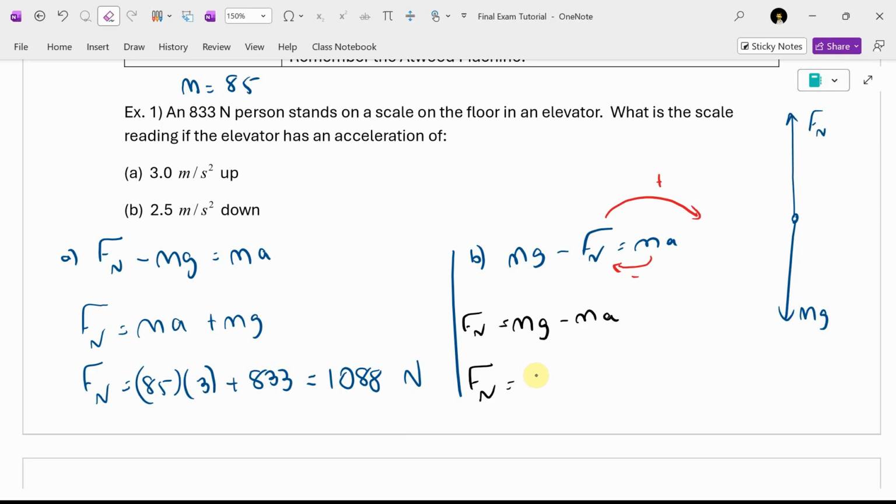I already know mg, it's 833, minus m is 85, and acceleration is 2.5. What do you get? 600 something, I think. 620.5.